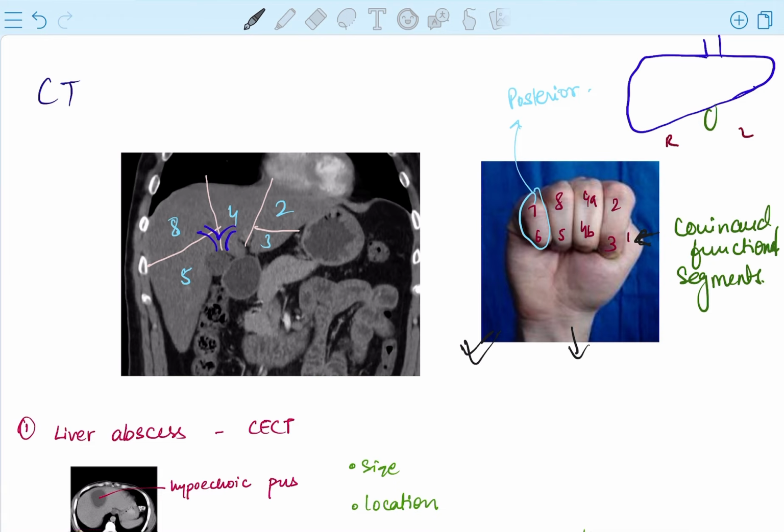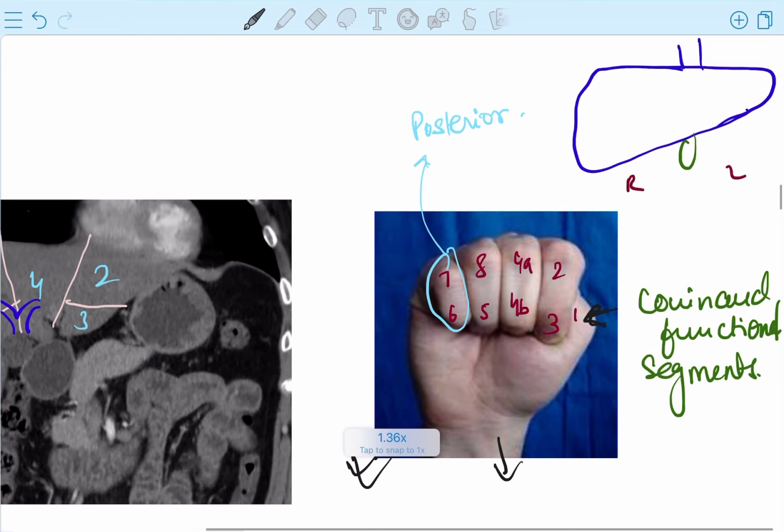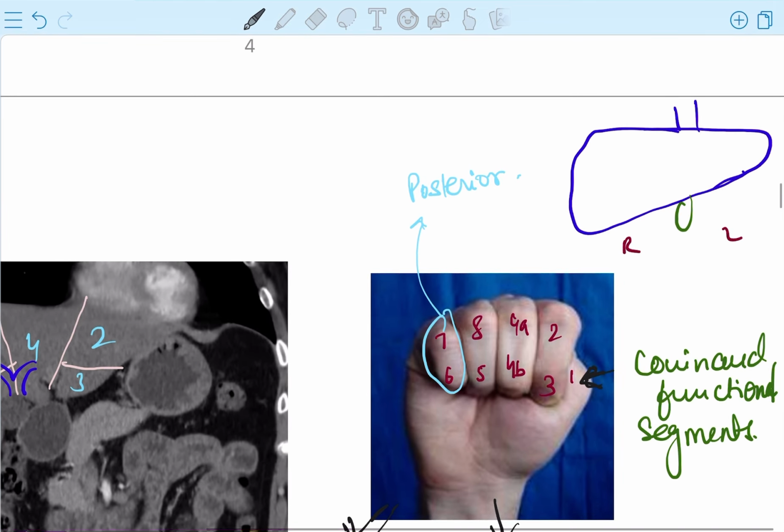So how are we dividing the segment? To see how we are dividing the segment, we have to know that the liver, as shown in this picture, is divided into left as well as the right lobe. The left lobe and right lobe is divided by the Cantlie's line, which is the vertical passing from the IVC to the gallbladder.